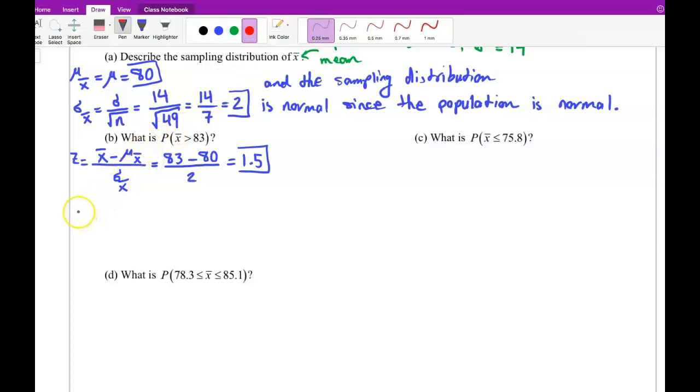Okay, now finding the final answer. So that is equal to, instead of x bar, now here we have z greater than 1.5. Now for this part, use the table. Let me show that.